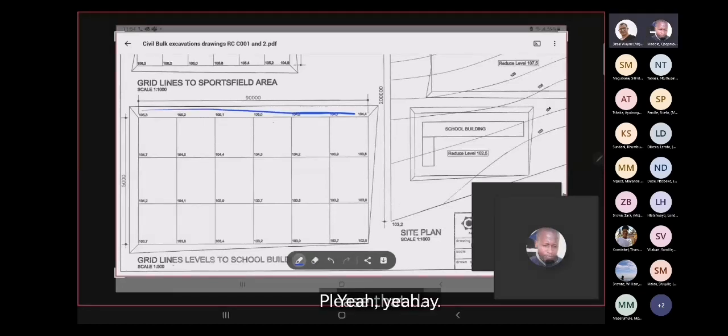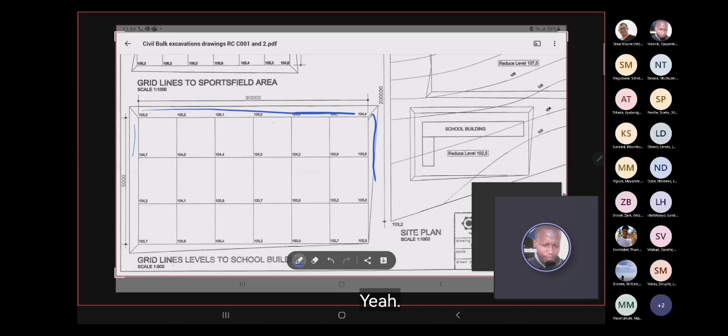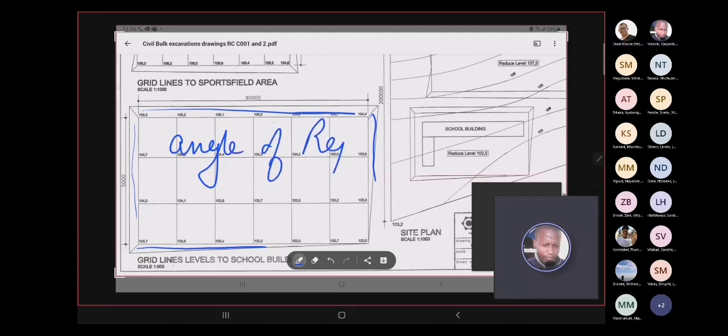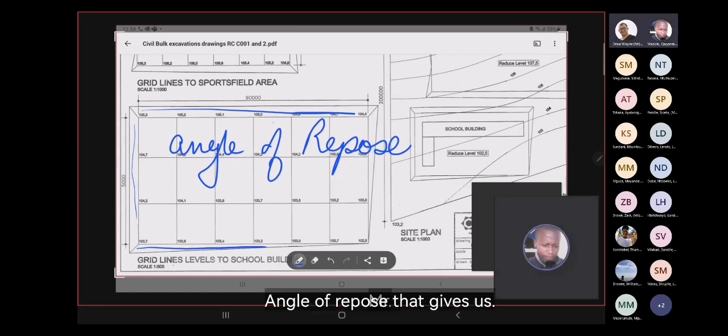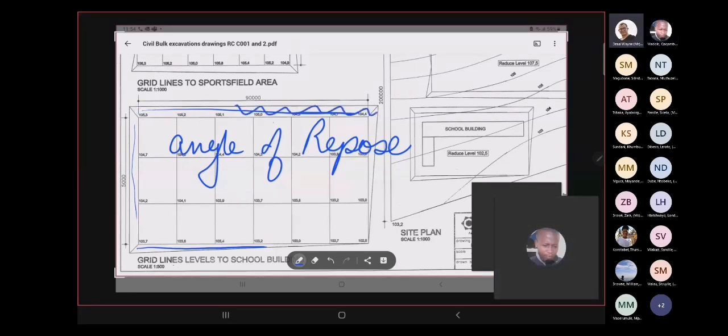Please. It looks like the angle of repose. You see the angle of repose? The angle of repose gives us that.